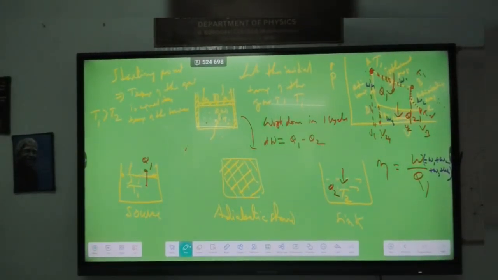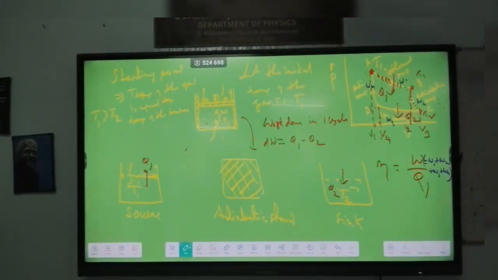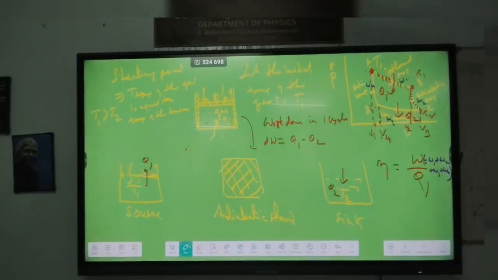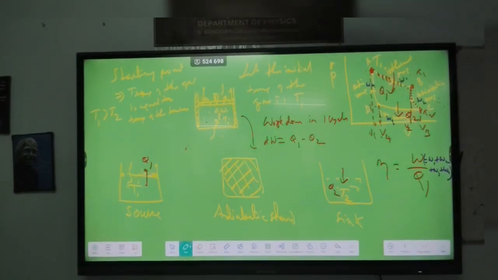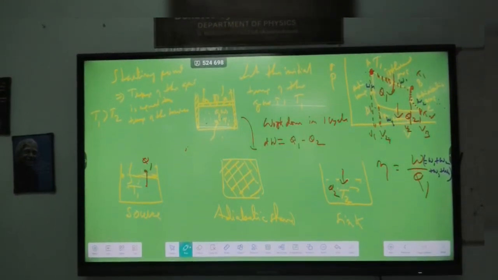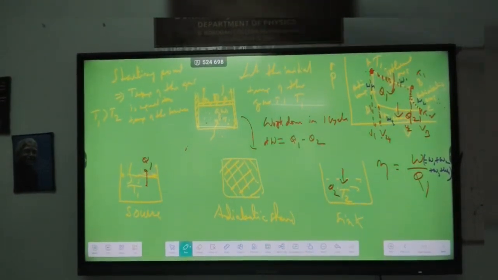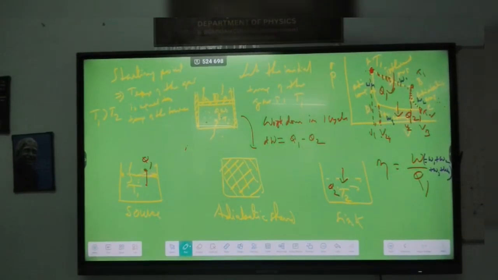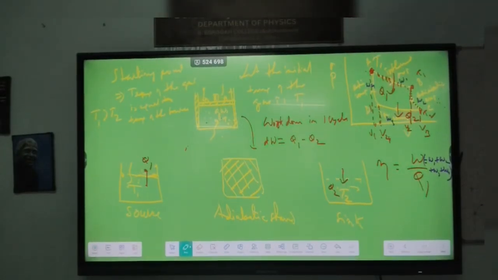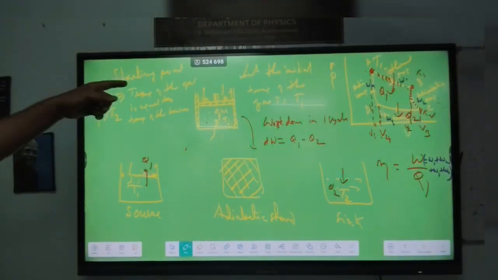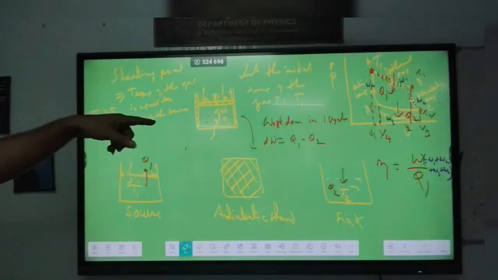So for isothermal, it is ln of V2 by V1. For adiabatic, it is nR by gamma minus 1 into T1 minus T2. So I have the expressions for work done, and I will use those to find out the amount of work done during the whole process.